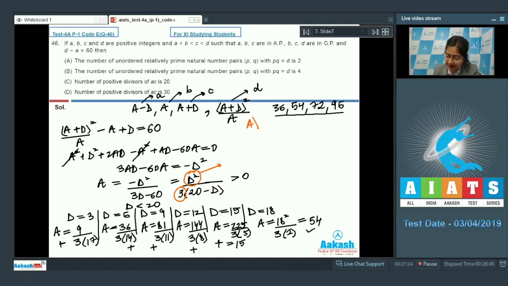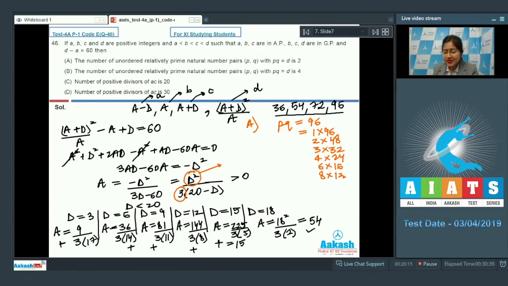Option number A says that the number of unordered relatively prime natural numbers P comma Q with PQ equal to D is. Now PQ can be put equal to D. Now D is 96. Now 96 can be written as 1 into 96, or 2 into 48, or 3 into 32, or 4 into 24, 6 into 16 or 8 into 12.